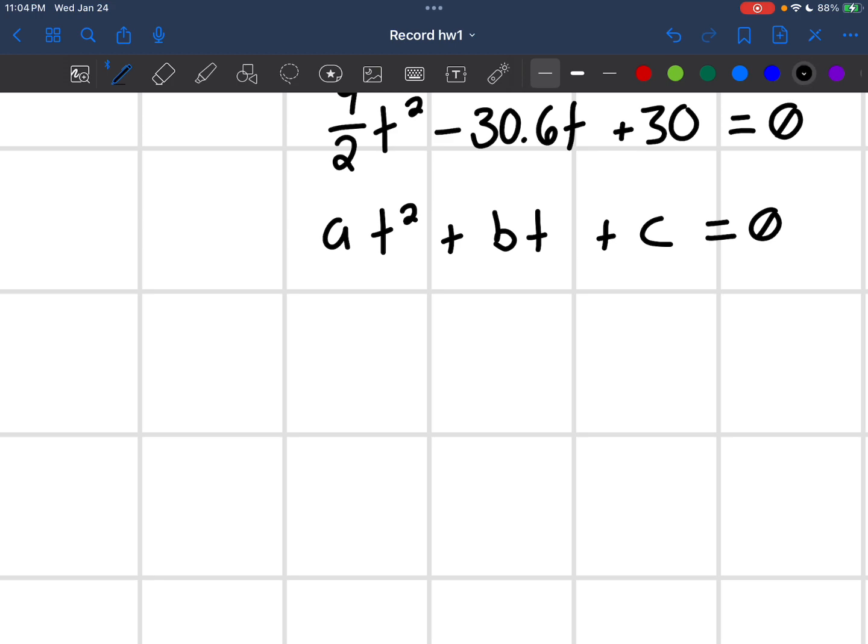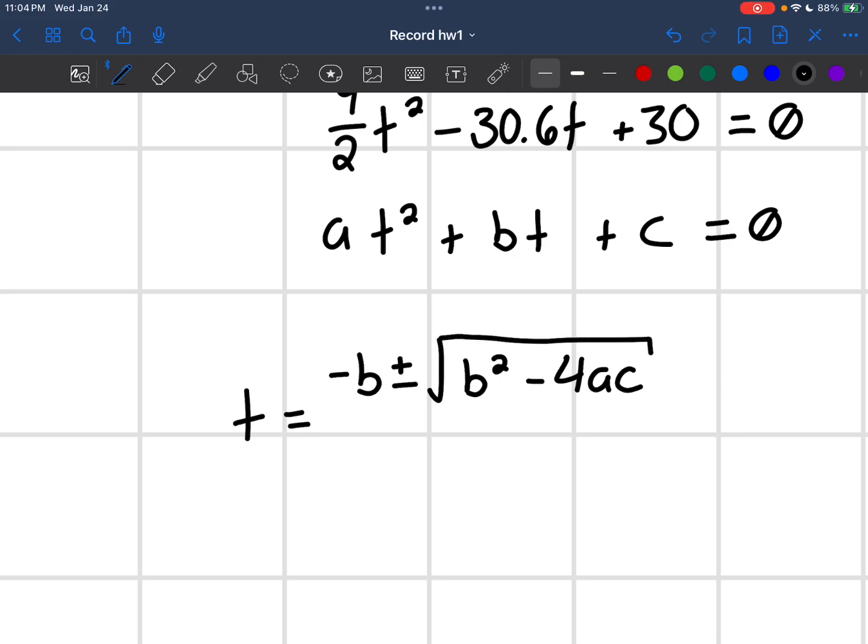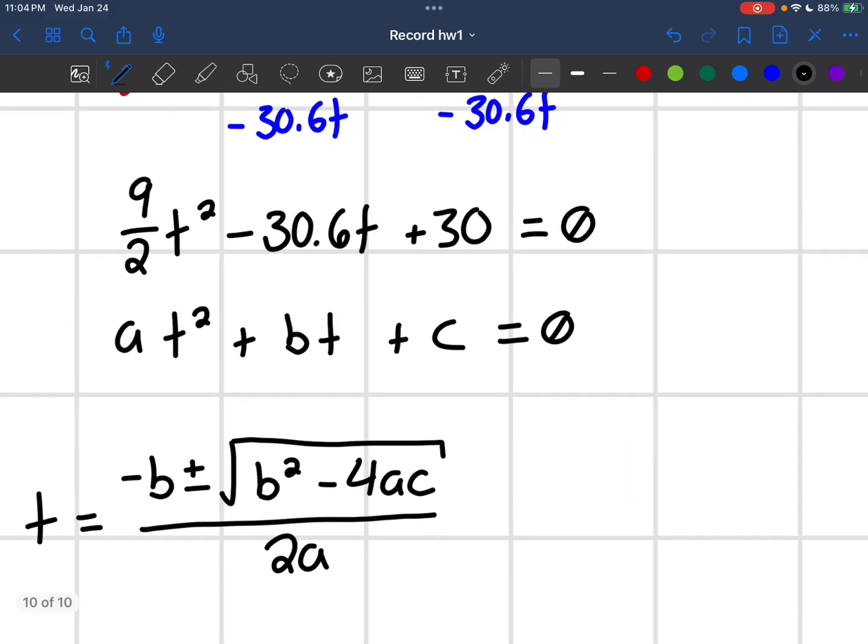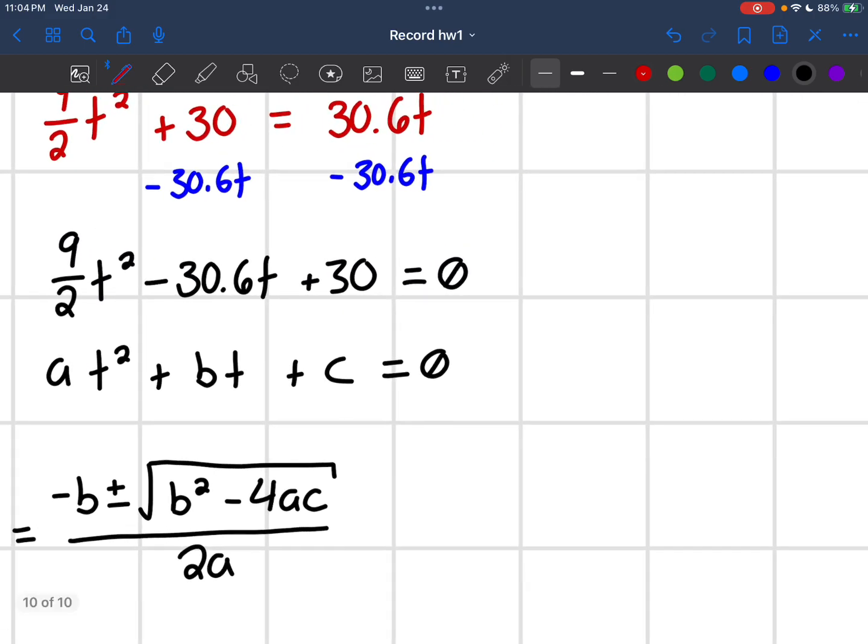Now instead of writing x equals, I'm just going to write t equals negative b plus or minus square root b squared minus 4ac all over 2a. And again, I have to plug in each of my pieces. So b is negative 30.6. I don't know why I started with b, but that's fine. A is 9 over 2, and c is 30.